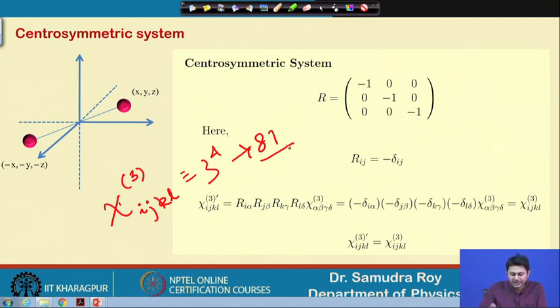But when we relate with this symmetry operation R, the rule of this operation is χ_ijkl' equals R_iα, R_jβ, R_kγ, R_lδ χ_αβγδ.